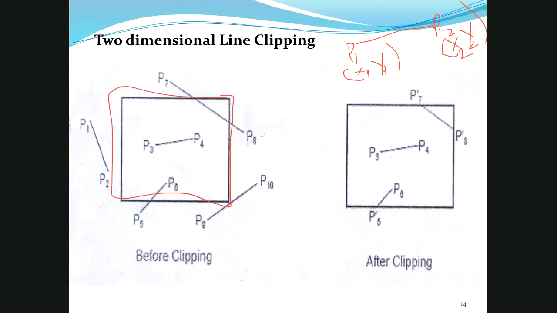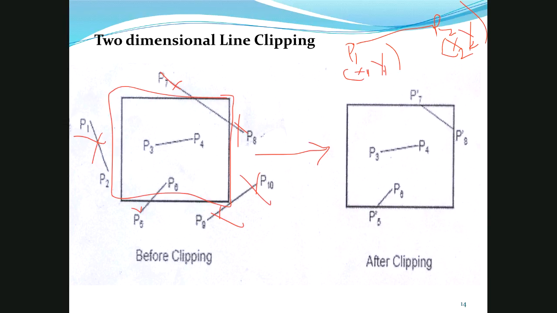After the clipping algorithm, this is your output. Inside the boundaries the lines will be present. Whatever lines are present outside the boundary, we clip, that means we remove them, like this. So this is your line clipping algorithm example.